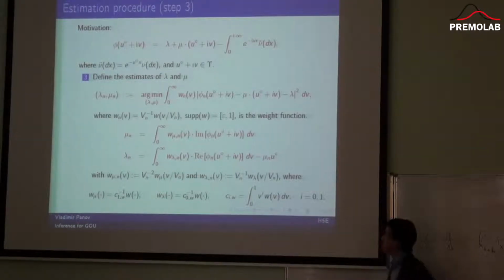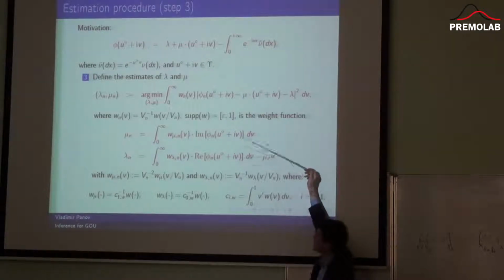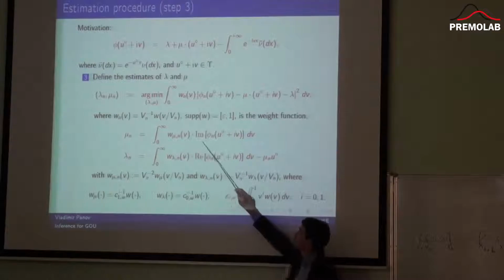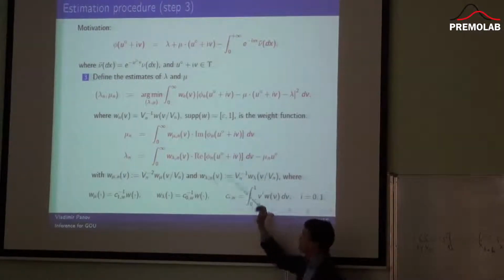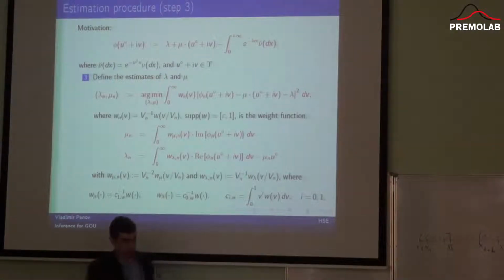As you can see, the forms of these solutions for mu and for lambda are very close to each other. It is an integral of a weight function multiplied by the imaginary or real part of the empirical Laplace transform.